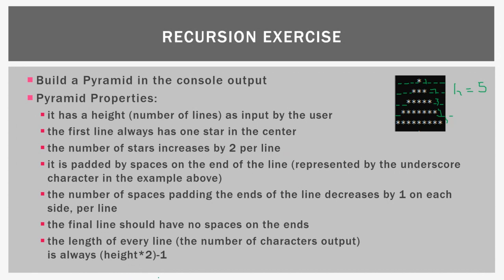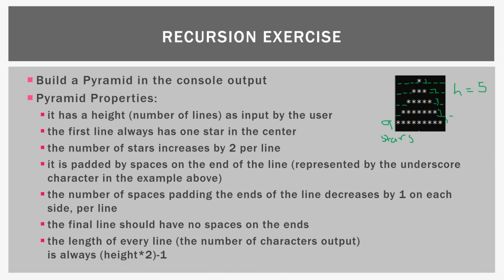And the length of every line, so the number of characters output, is always height times 2 minus 1. So you see if the height is 5, 5 times 2 is 10, minus 1 is 9. There's 9 stars on the last line.